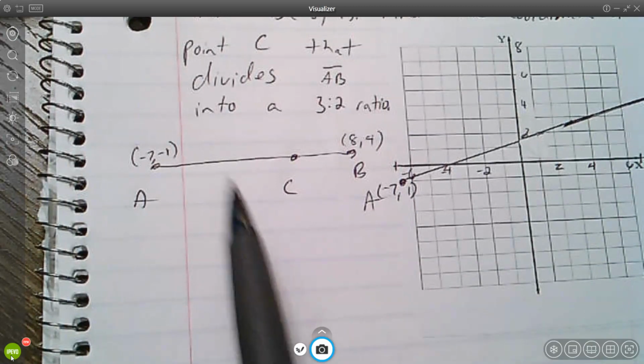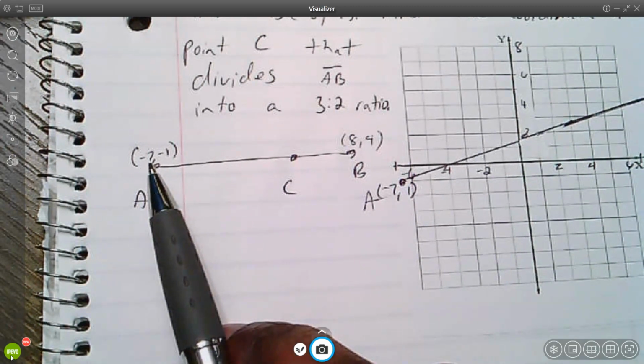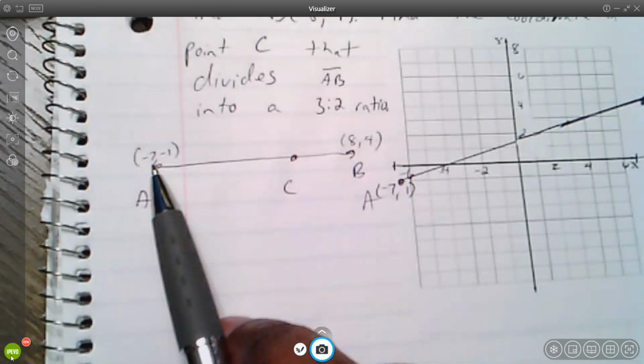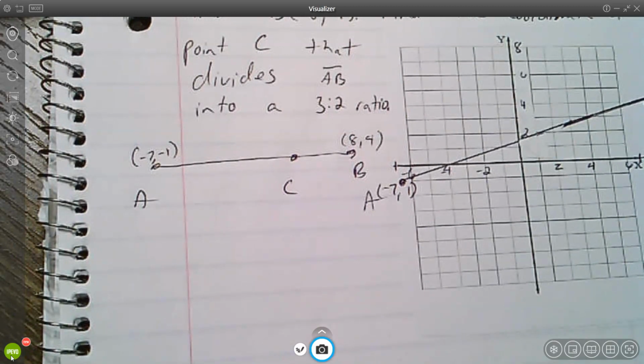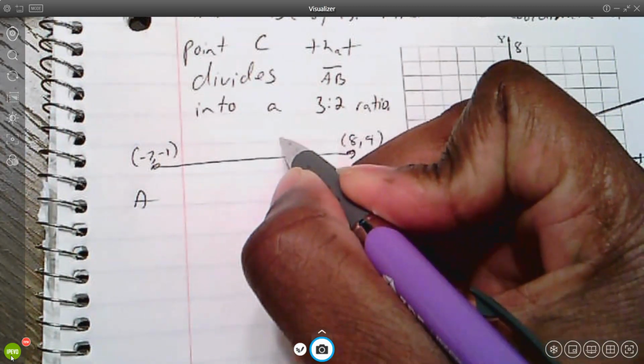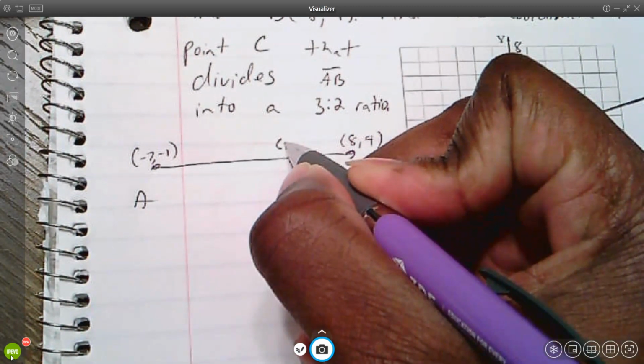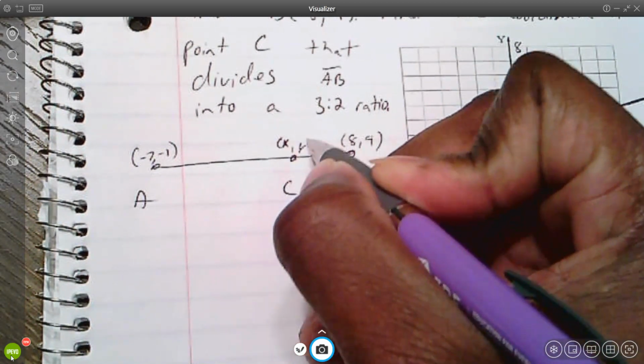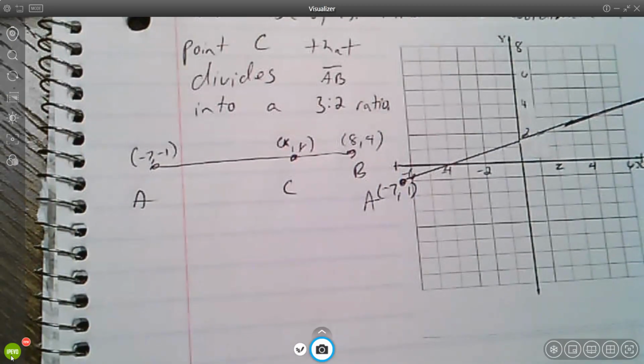It's best to make sure the point with the smallest x coordinate goes on the left. No matter how it's given to you, the one with the smallest x coordinate should go on the left. And this C value is unknown, so it's just (x, y) for now.